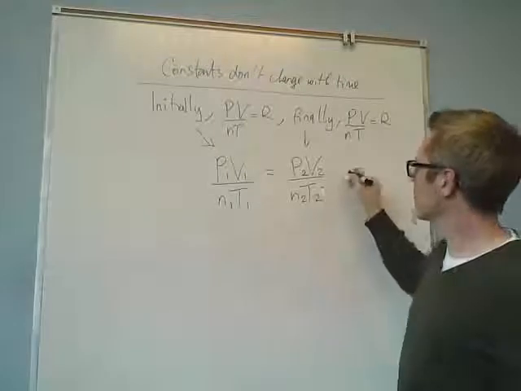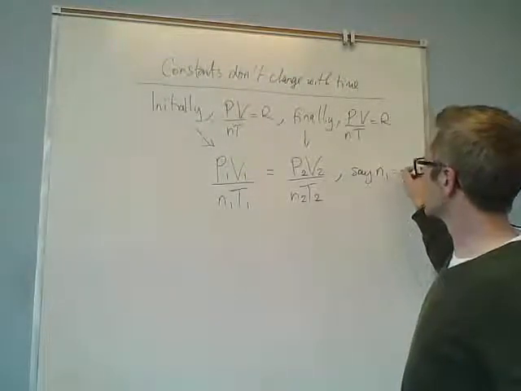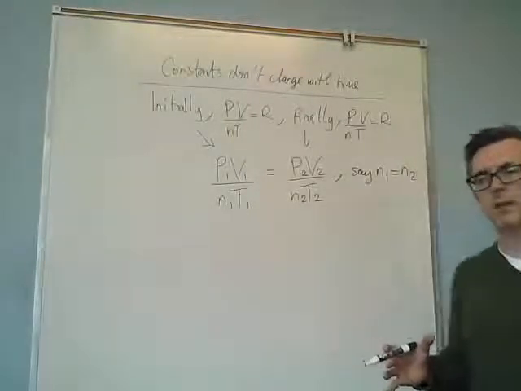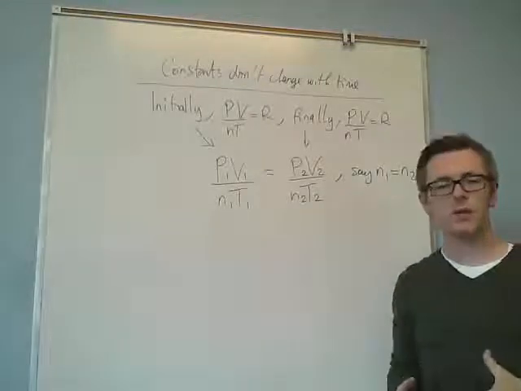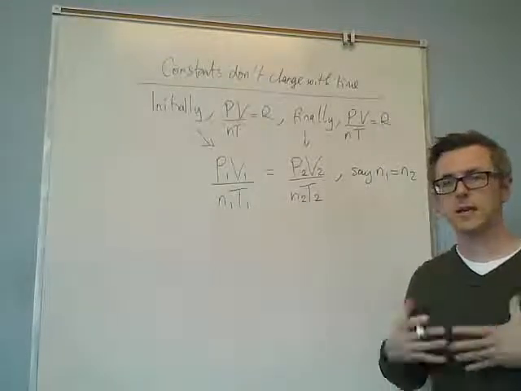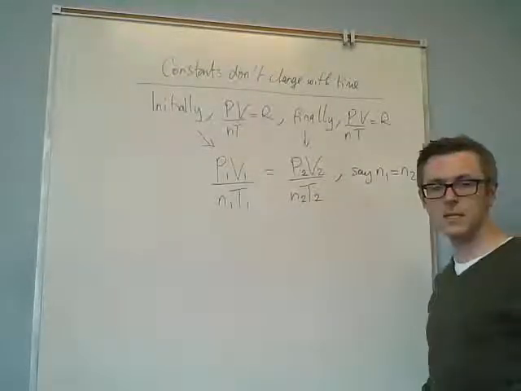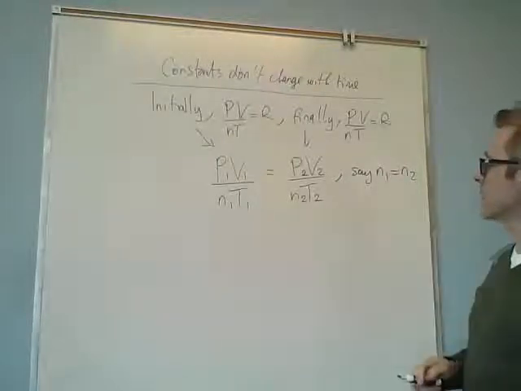Let's say moles don't change. If your sample, let's say you just put some gas in a container and nothing comes in, nothing goes out, it's a fixed amount of sample. Then N1 equals N2.